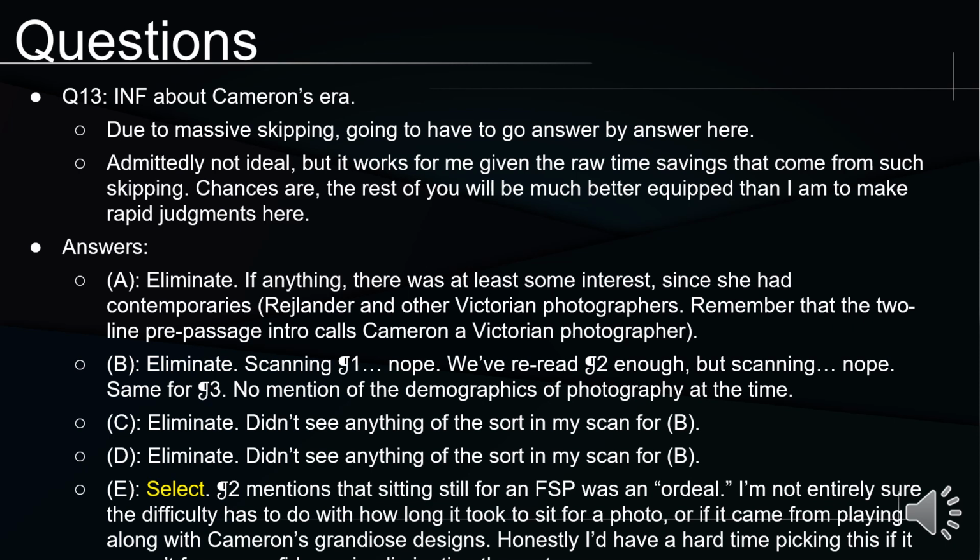Again, I'm uncomfortable with the idea that the difficulty of taking the photo has anything to do with how long it took to sit for it, because I don't think we get any factual confirmation of that. But it's at least not quite as far off as the 4 that we've just eliminated. So now that brings us to 14.